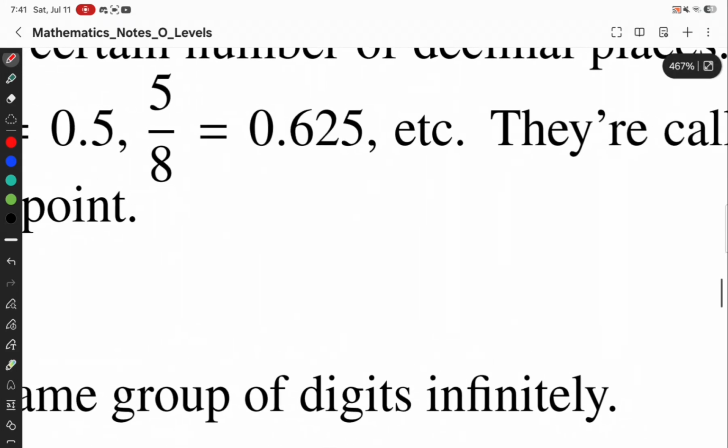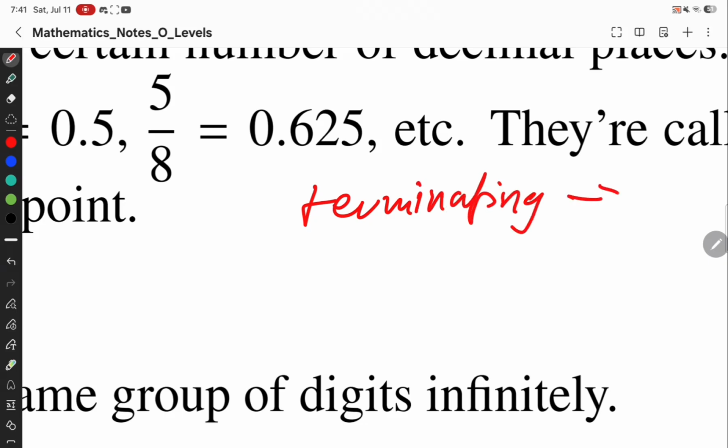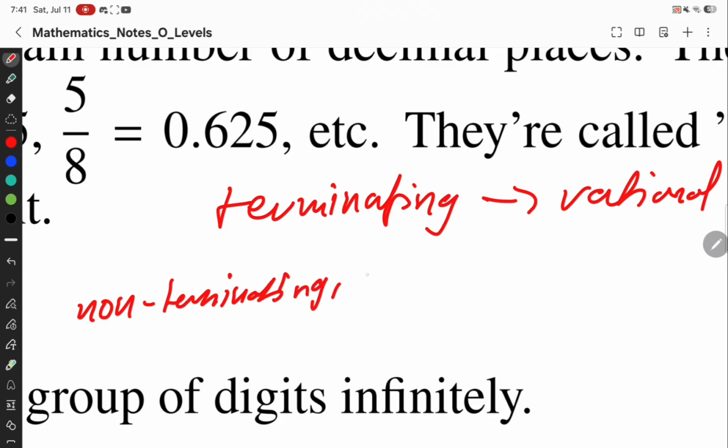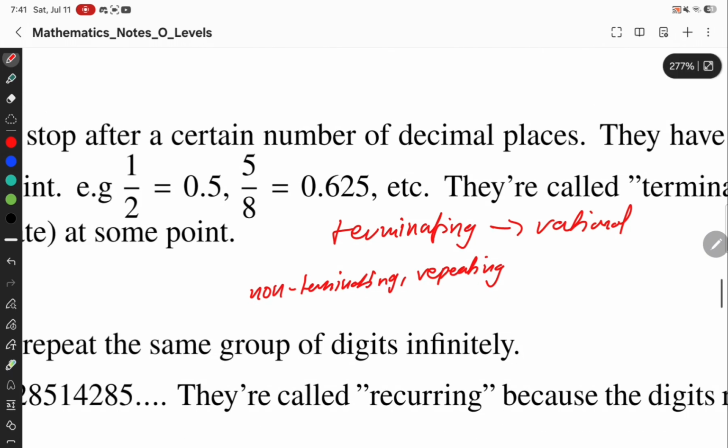If a number is terminating, then it's rational. If it's non-terminating but it is repeating, it is rational also. Don't worry, I will make a table of what you need to know.